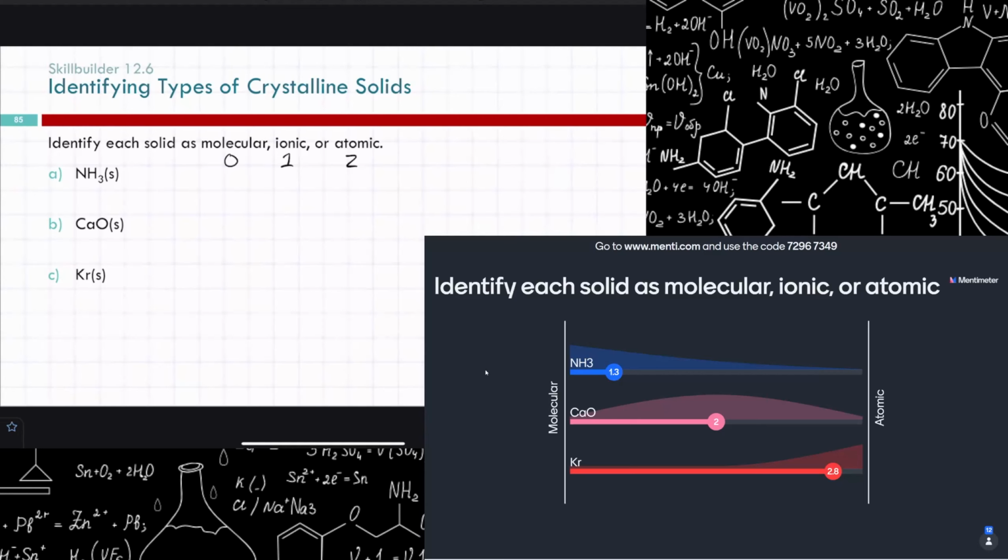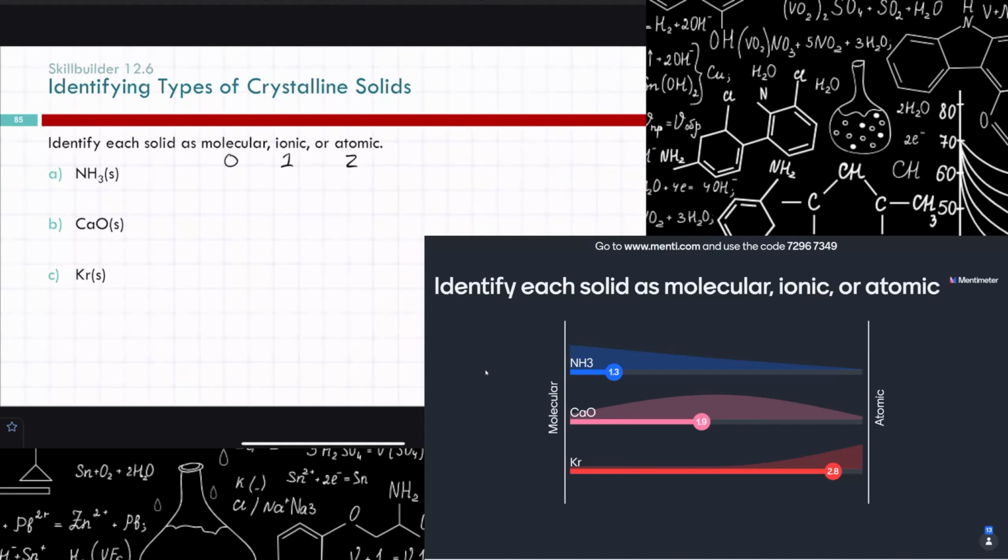Yeah, so identifying these as molecular, ionic, or atomic, really, we've talked about the concept of what makes them molecular, ionic, or atomic in these slides today. But the identification for which type is the same as when we did nomenclature.